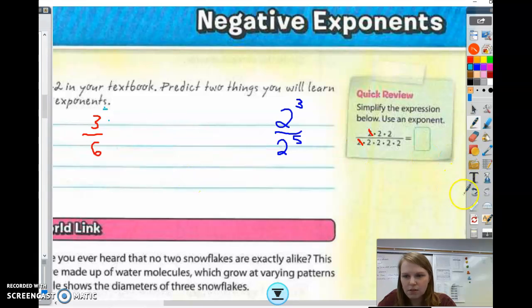Instead of divide by 2, how about divide by 3? Divide by 3, divide by 3. Wouldn't that end up being a 1 on top, and then this would end up being a 2? So 3 over 6 ends up being 1/2.